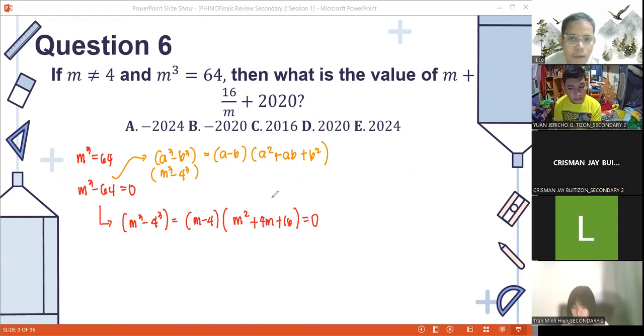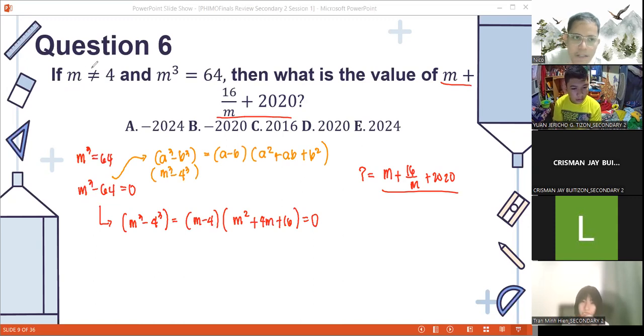Take note that we need to get the value of m plus 16 over m plus 2020. You need to get the value of this. So if you notice, we already have m minus 4. m is not equal to 4, so m minus 4 is not equal to 0, right?